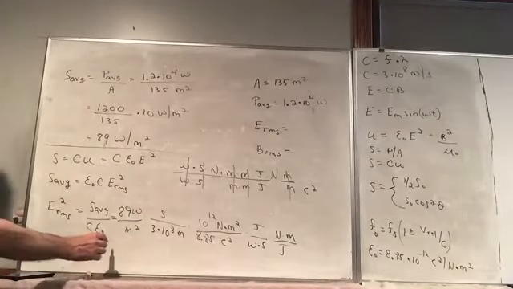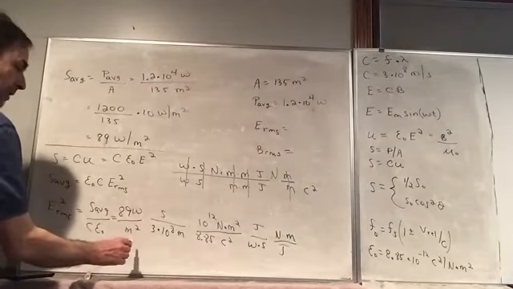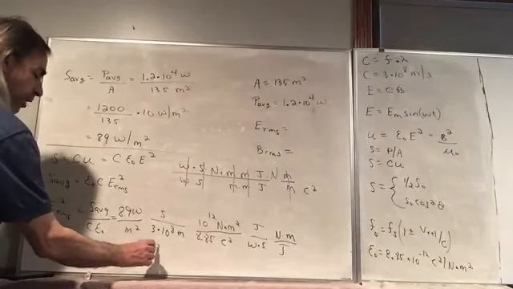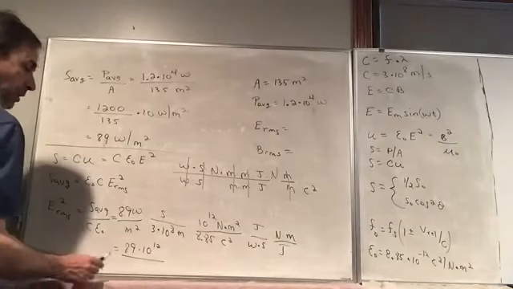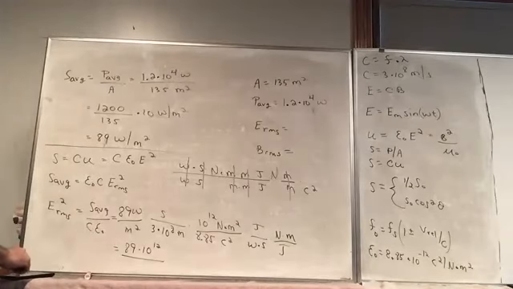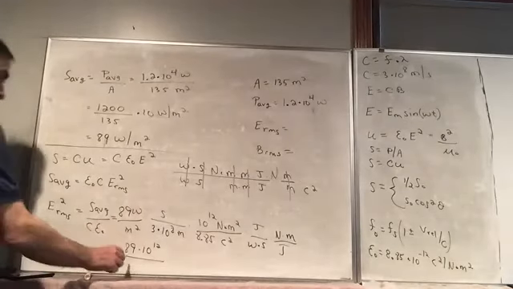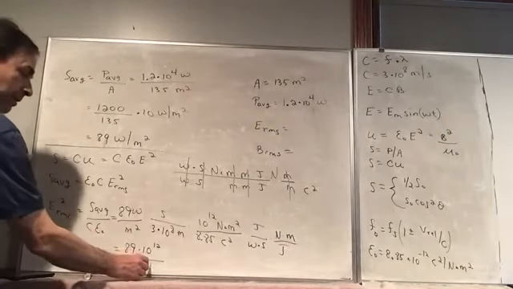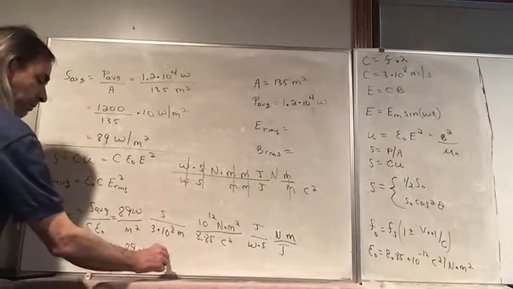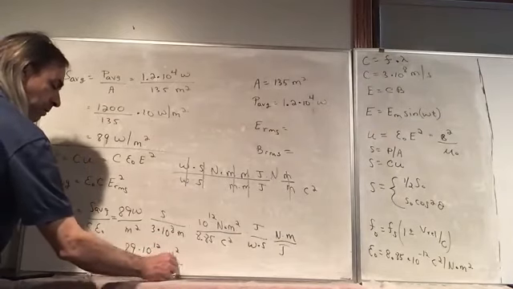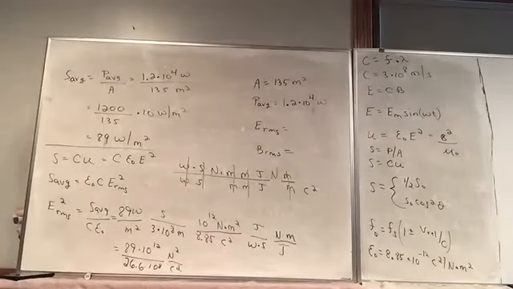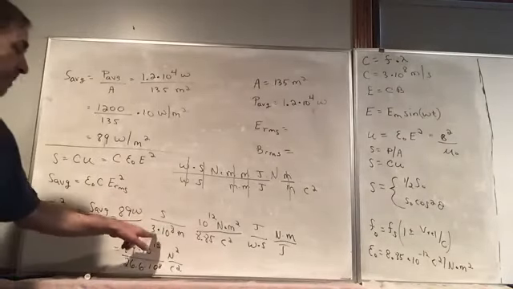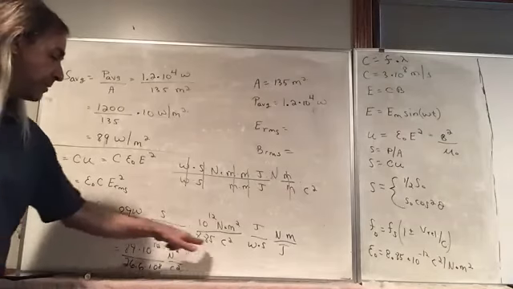So now the number part, we have 89 times 10 to the 12th. I was going to do 8.85 times 3. That's 26.6. So let's see, just to make sure we got everything, 89 times 10 to the 12. On bottom, we have 26.6 times 10 to the 8th.